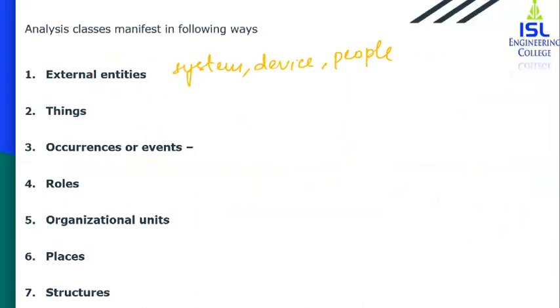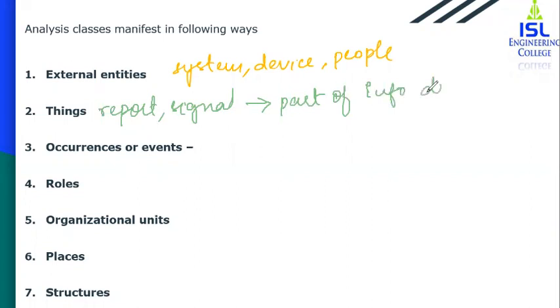Then the next is things. Any report or any signal is a thing. These are going to be your analysis classes. These signals or reports are part of the information domain. The information that you're using is your information domain.